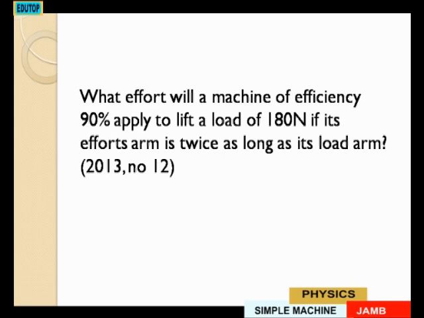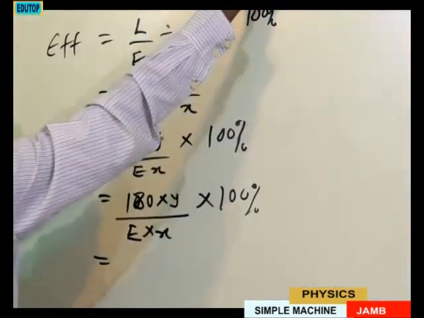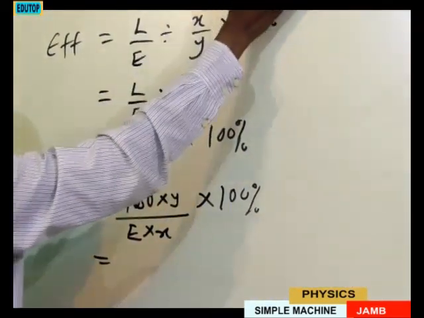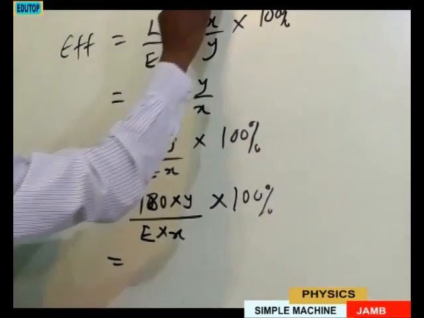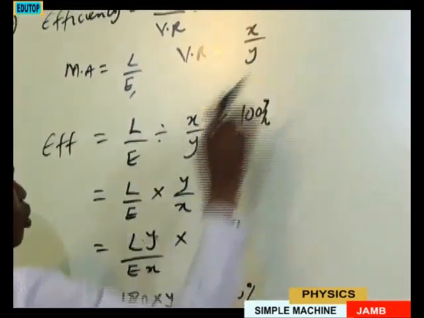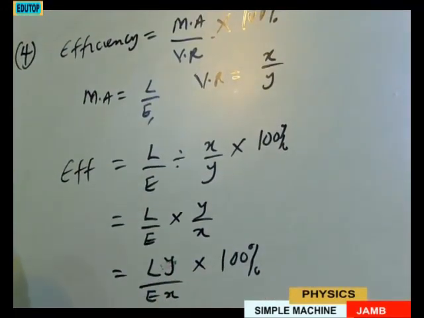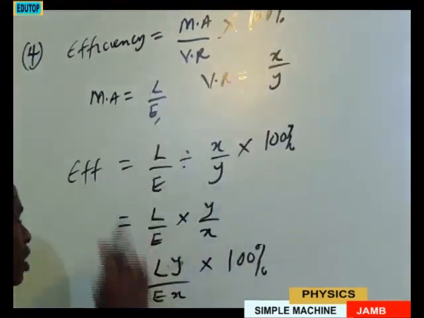If our x is 1, y will be 2. So in this case, we are taking x and y to the velocity ratio.